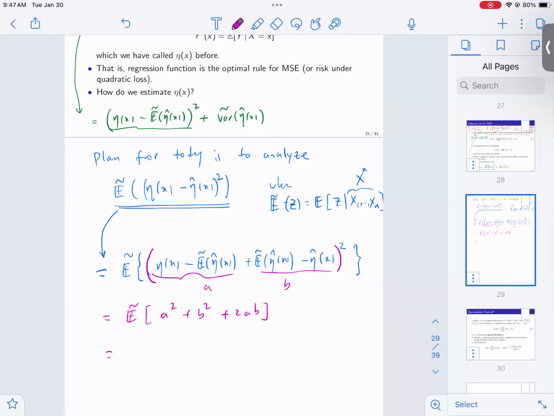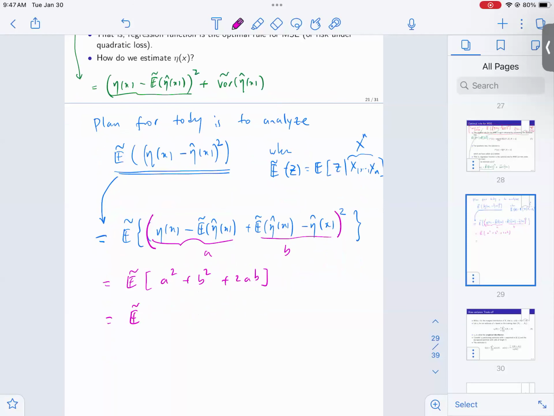Expectation is linear, so I can write the expectation of a squared plus the expectation of b squared plus twice the expectation of ab. But a squared needs no expectation because it's constant. Then there's this guy, the expectation of b squared.